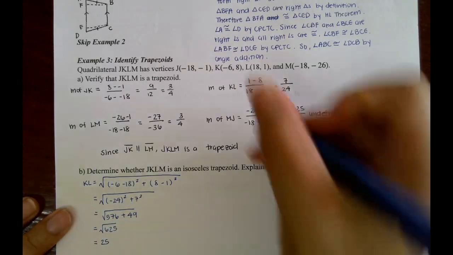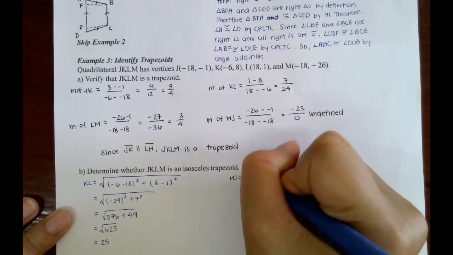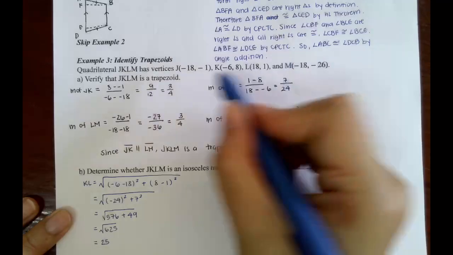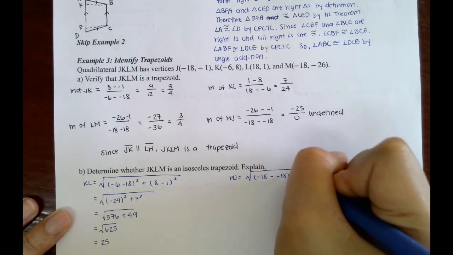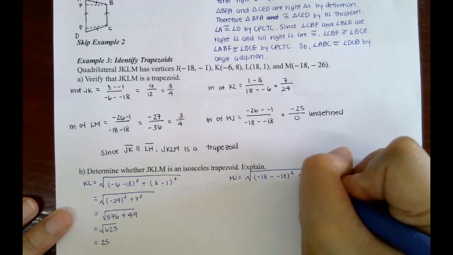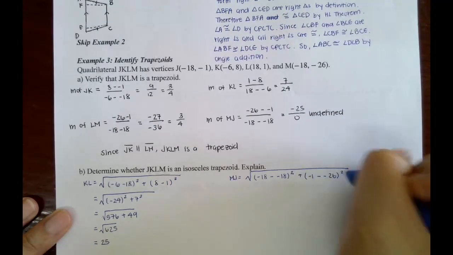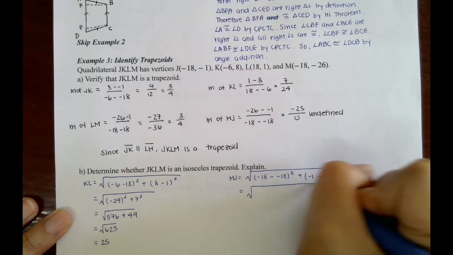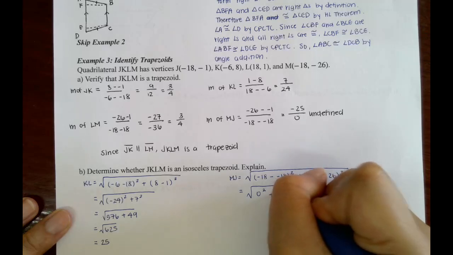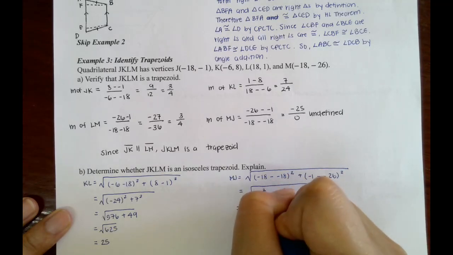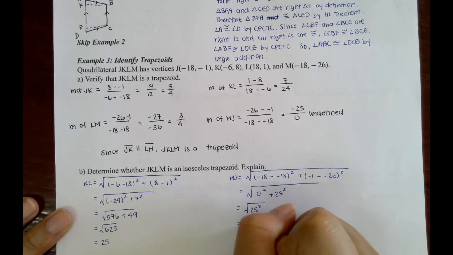Okay. So now let's find MJ. So negative 18 minus negative 18 squared plus negative 1 minus negative 26 squared. So this becomes 0 squared. This negative 1 minus negative 26 becomes 25 squared. Square root of 25 squared is 25.